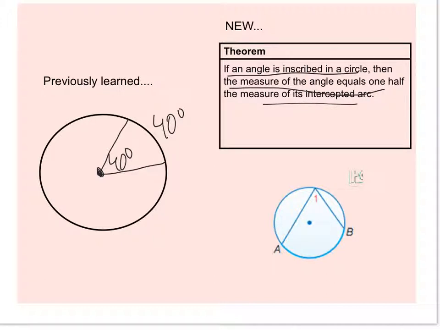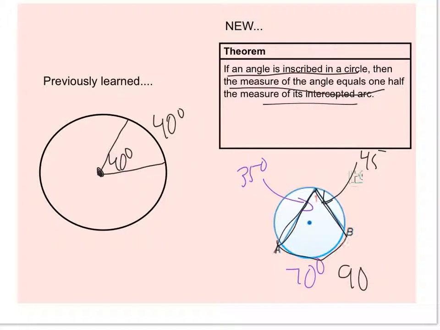So if this arc is 70 degrees, this angle is going to be 35 degrees. If this is 90, then this is going to be 45. So an inscribed angle is going to be half of the arc measure.